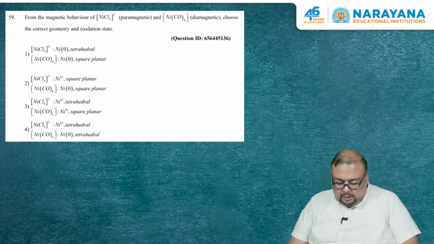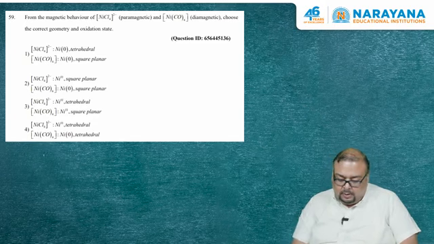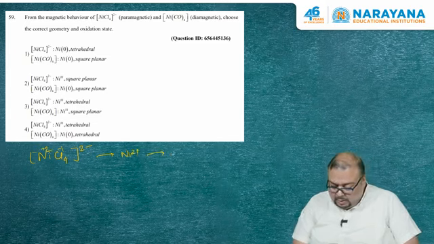Now in 59, from the magnetic behavior of NiCl4 2- paramagnetic and Ni(CO)4 diamagnetic, choose the correct geometry and oxidation state. Now for NiCl4 2-, chlorine will be like -1. So nickel should be in 2+ oxidation state, and this should be a d8 configuration.